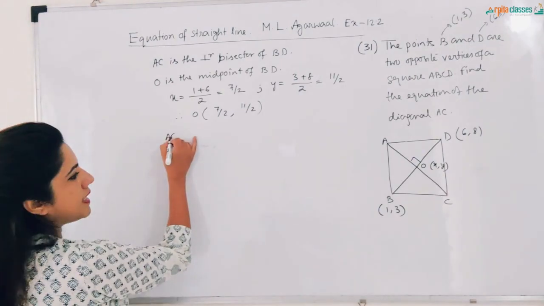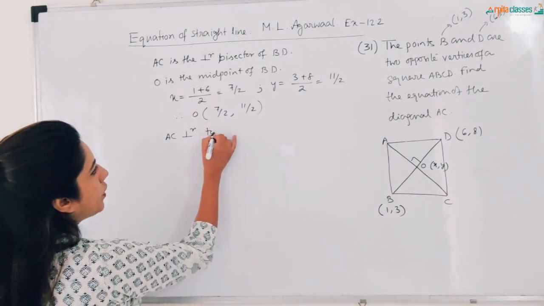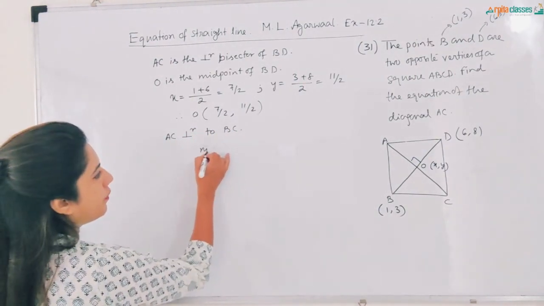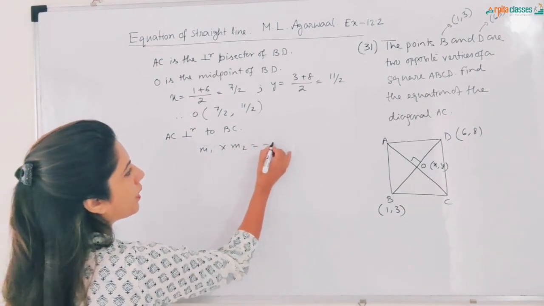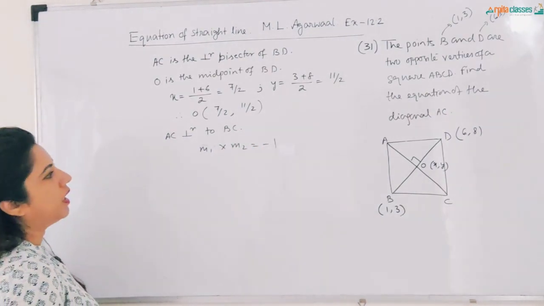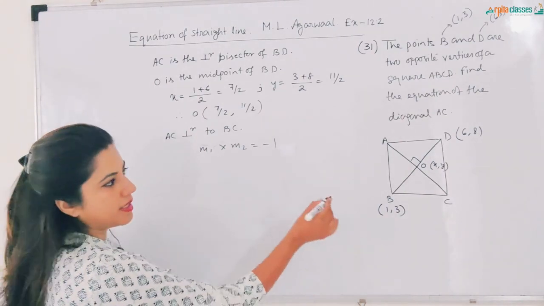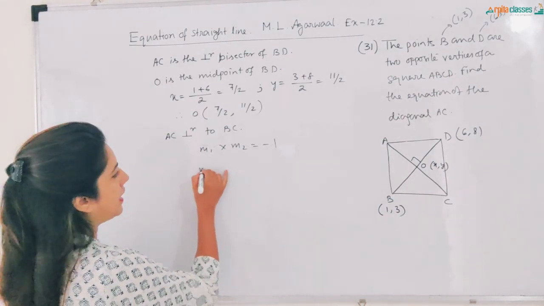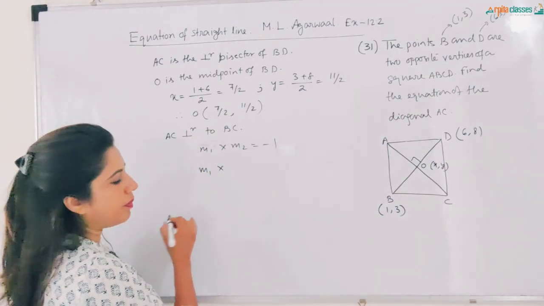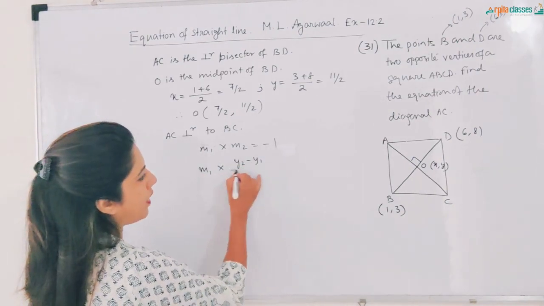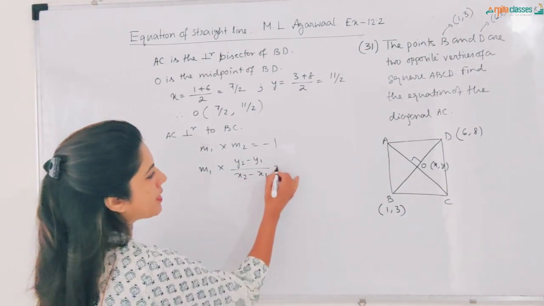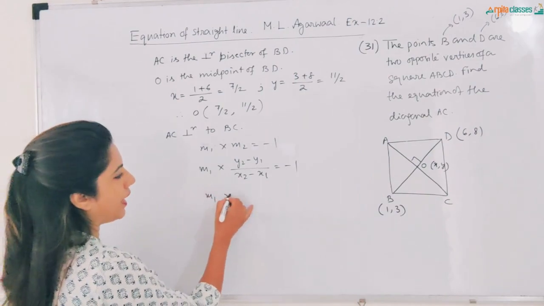Also, AC is perpendicular to BD. Therefore, M1 into M2 should be equal to minus 1. So, M1 we consider the slope of AC and M2 is the slope of BD. So, M2 is Y2 minus Y1 upon X2 minus X1. I am doing it directly.